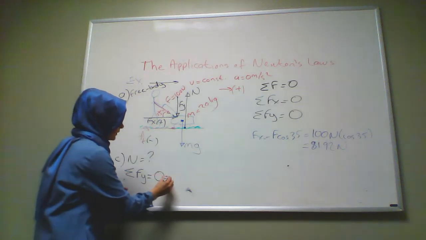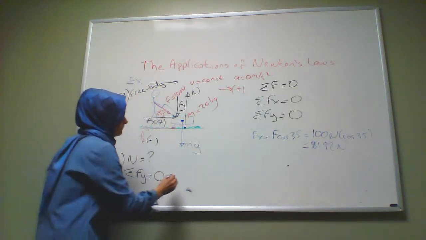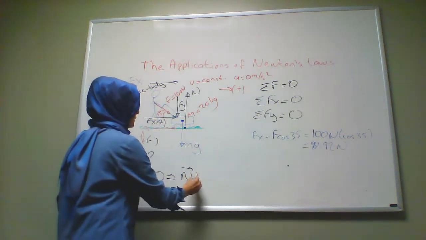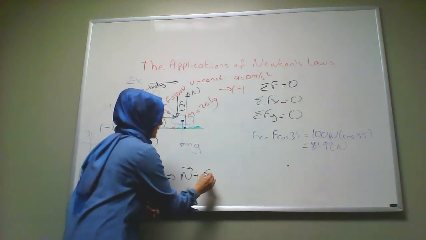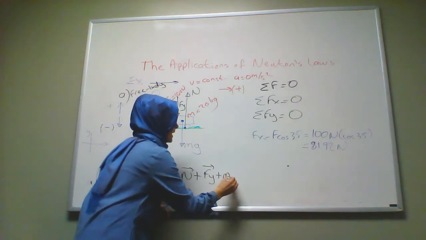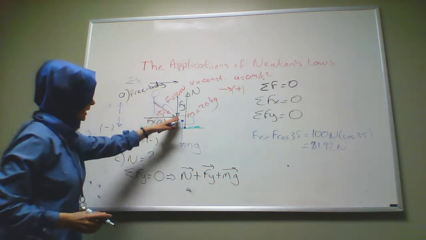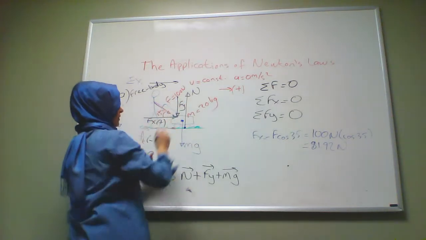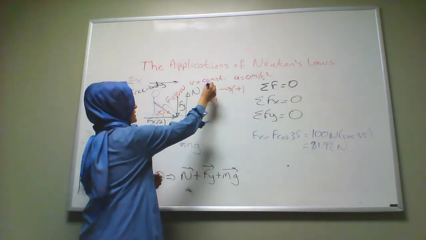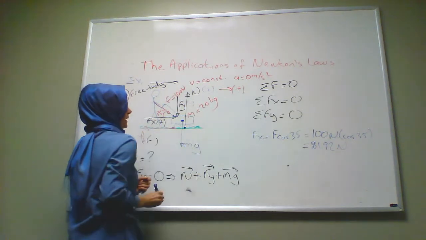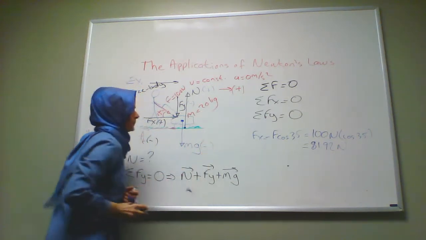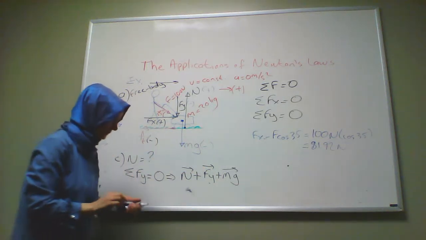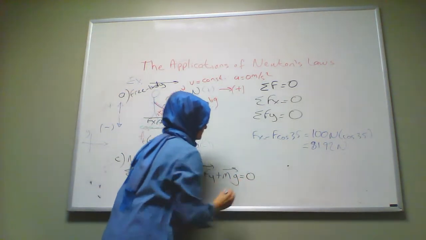So the total Fy is equal to 0 will give me, I'm doing vectorial addition now, N plus Fy plus mg, all the vertical forces. I have mg down, Fy down, and N upward. And their directions, N is positive, Fy is negative, and mg is negative. Our addition of these forces, vectorial addition, is equal to 0.